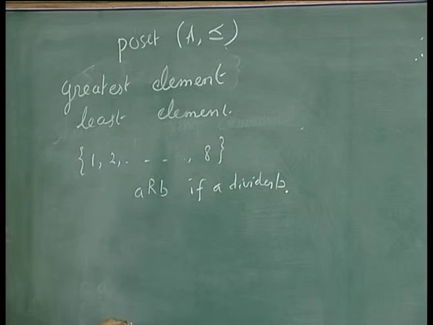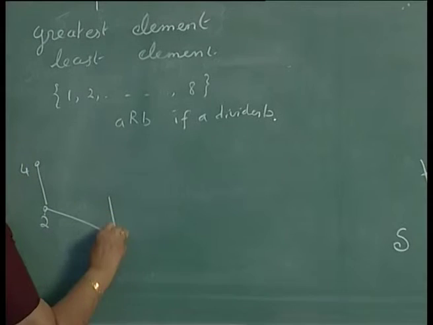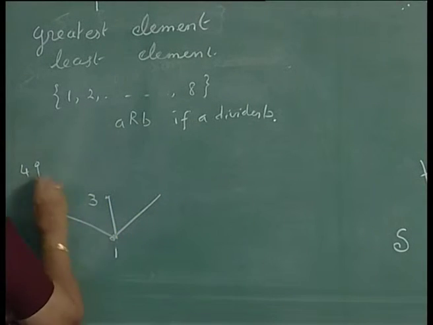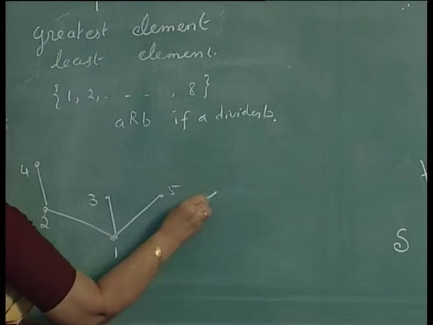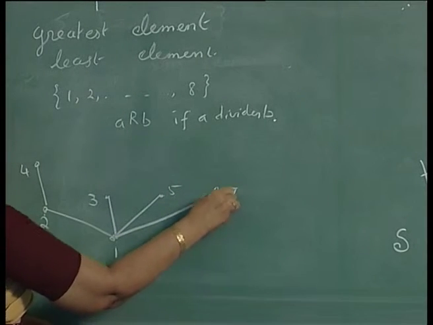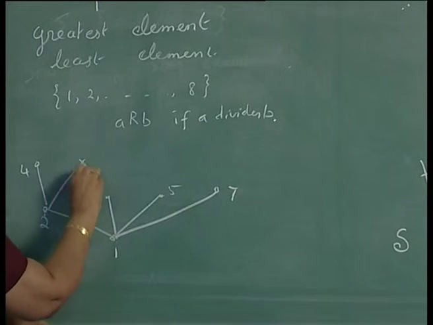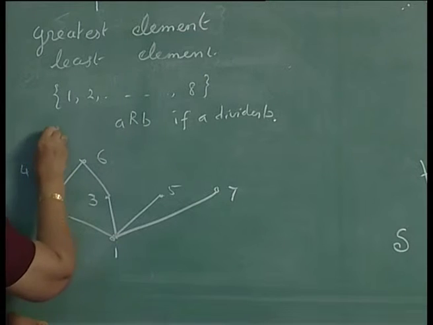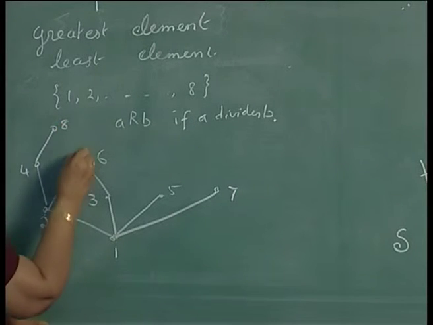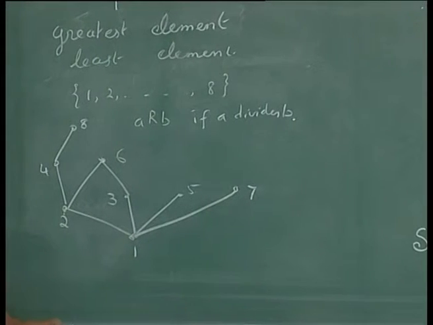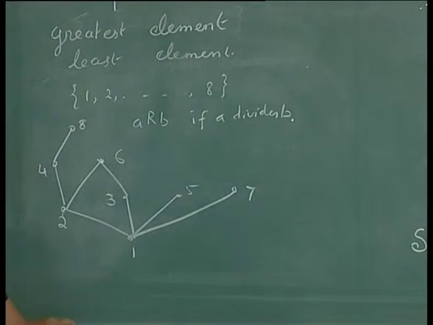Then the poset diagram will be like this: 1, 2, 4, 3, 5, 7, 6 will be like this, and 8. The poset diagram will be like this.